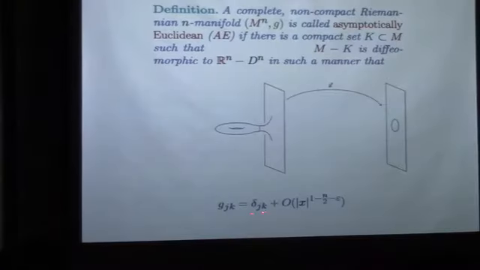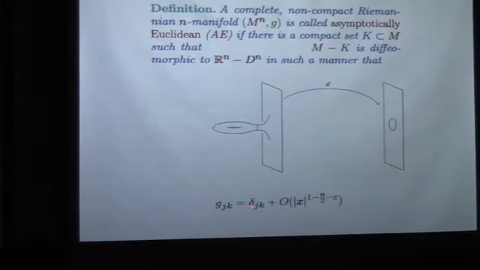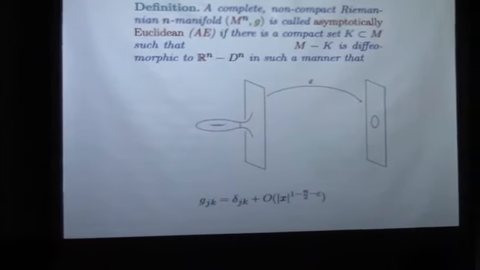But the specific assumption is that the metric in this so-called asymptotic region looks very much like Euclidean space. So the components of the metric look like the identity matrix, the components of the Euclidean metric in standard coordinates, plus terms that fall off at a fast enough rate in terms of the radius.